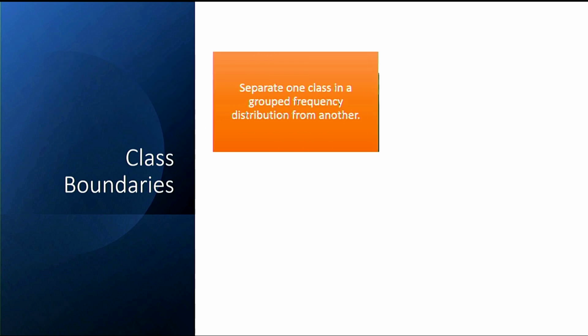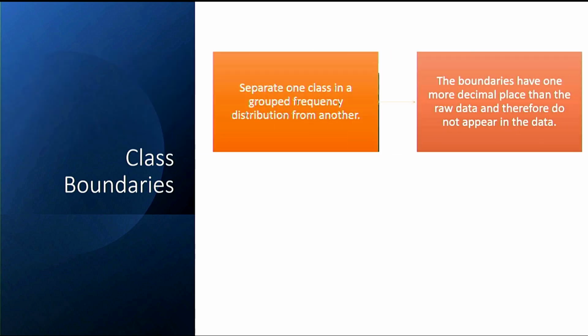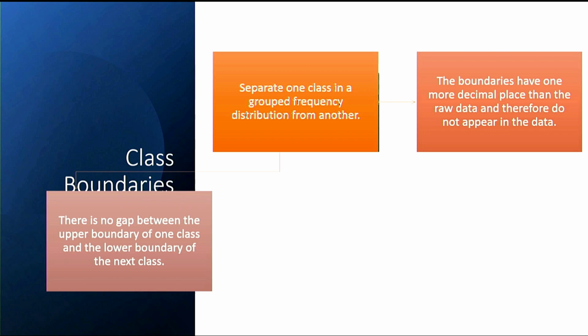So we have class boundaries. Class boundaries separate one class in a grouped frequency distribution from another. The boundaries have one more decimal place than the raw data and therefore do not appear in the data.